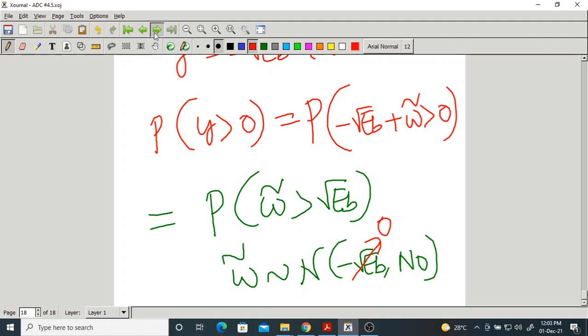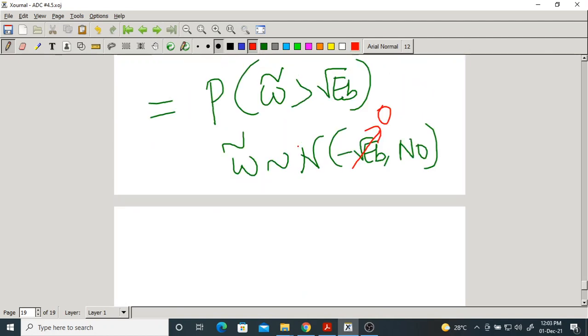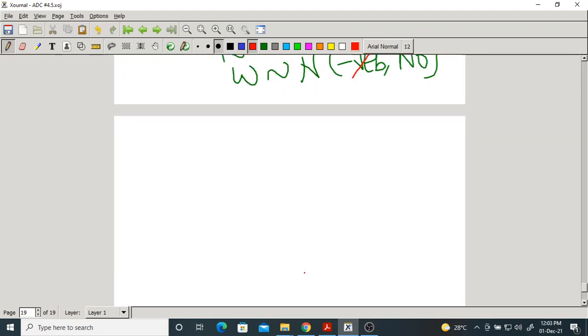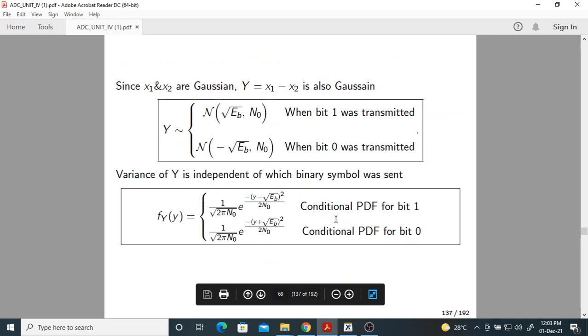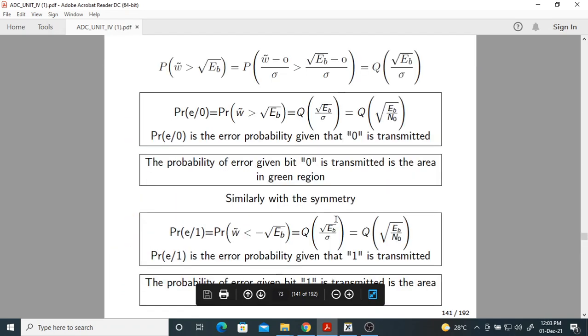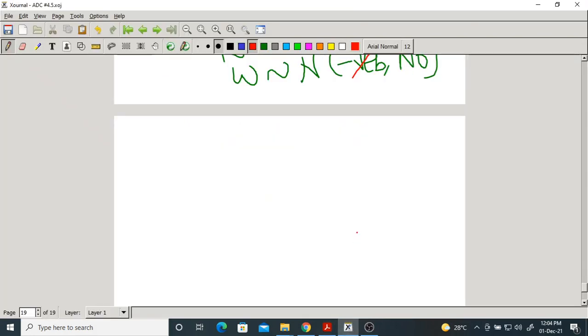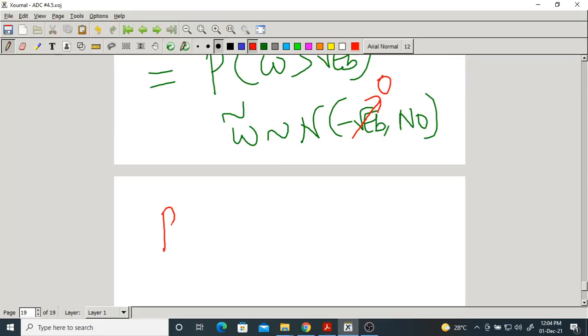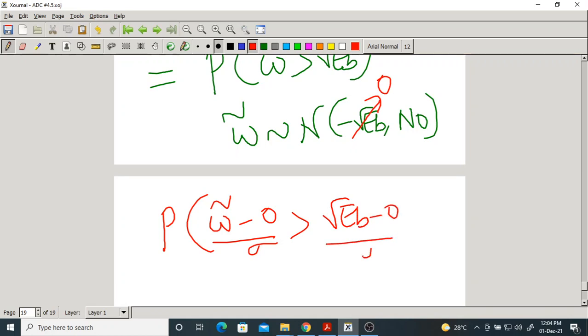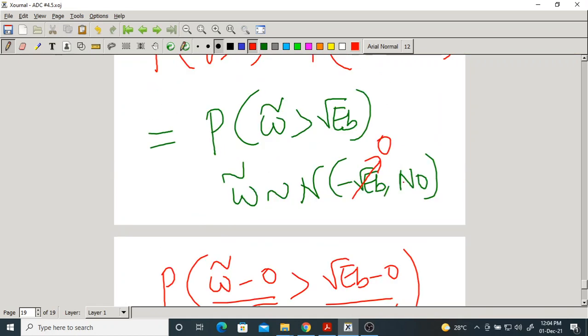Let us proceed further. I subtract 0 on both sides and divide by root N naught. So the probability that w tilde is greater than root Eb is: w tilde minus 0 by sigma is more than root Eb minus 0 by sigma. But what is sigma here? Sigma square is N naught, so sigma is root N naught.